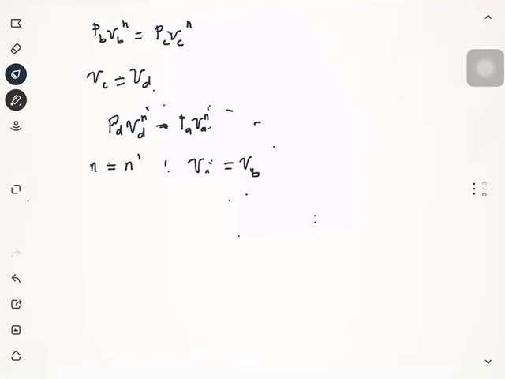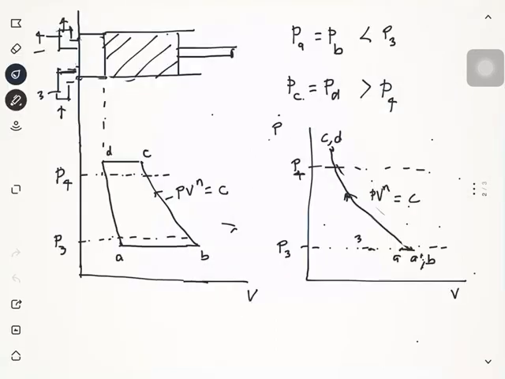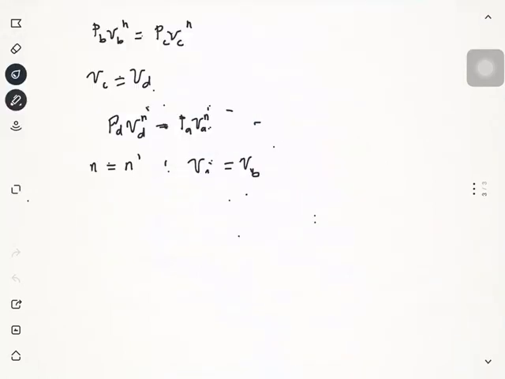So the above analysis with its several approximations establishes a PV diagram, just like here. So the compression and re-expansion curves are coincident.